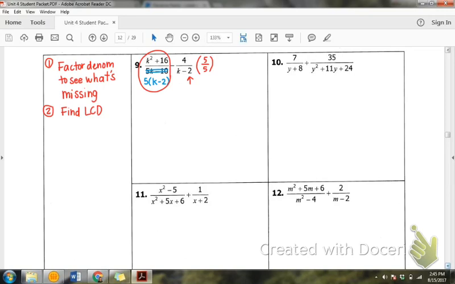No. So we don't even have to multiply the first fraction by anything because it already has everything it needs. All right? So I'm going to write the first fraction down as is, k squared plus 16. I'm going to leave the bottom or the denominator factored. Go ahead and leave that factored.